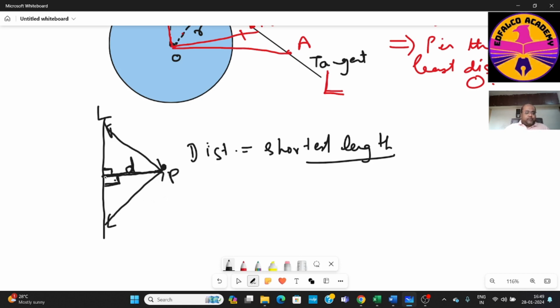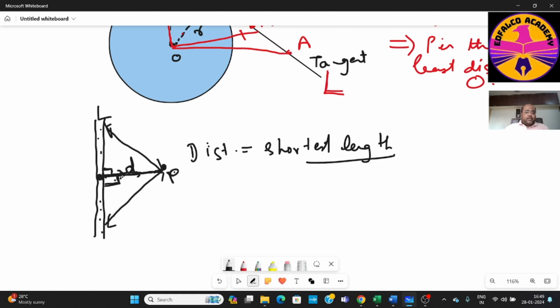Suppose this line is like a road, and you are anywhere on this line. If you have to take the shortest path to P, the shortest distance from here to here, it will be when you directly start moving towards P. You are on this line at this point, and you want to go to P. What is the best way to go to P?